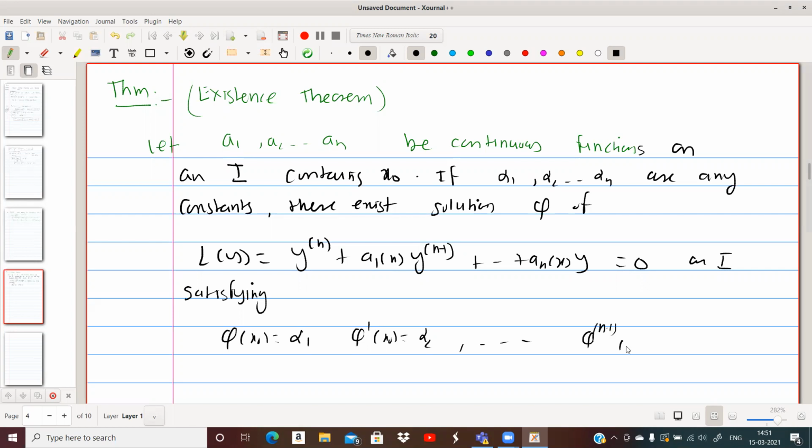The (n minus 1)th derivative of phi at x naught is alpha n.